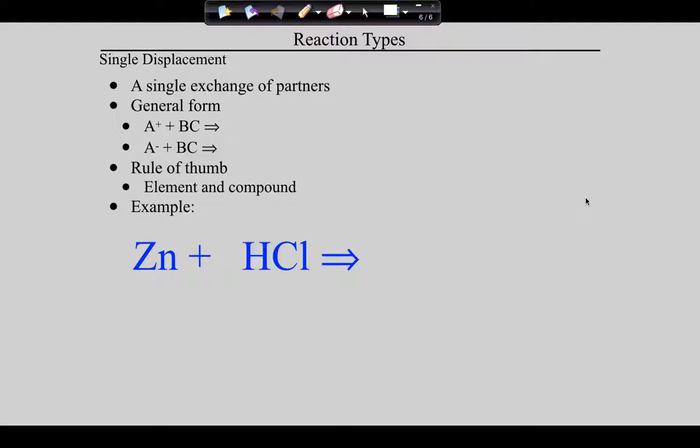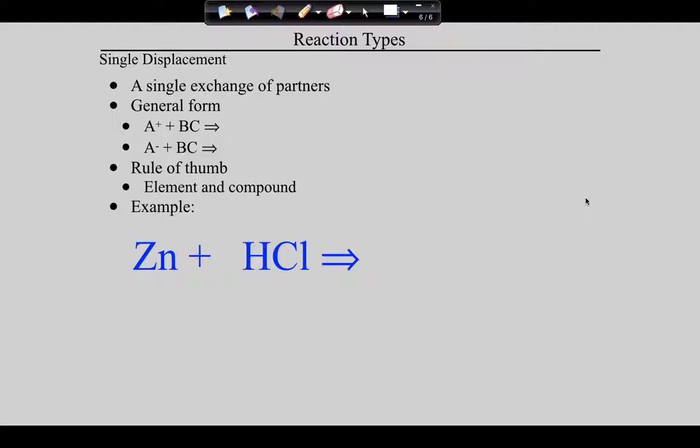But we're going to talk about these outside of the lab setting now, and you'll go do them in the lab setting on Monday. So guys, how do we know that this is a single displacement reaction other than it's on the slide that says single displacement reaction? Well, here we've got an element, and there we've got a compound. Classic single displacement reaction.